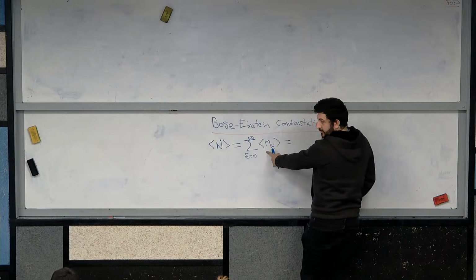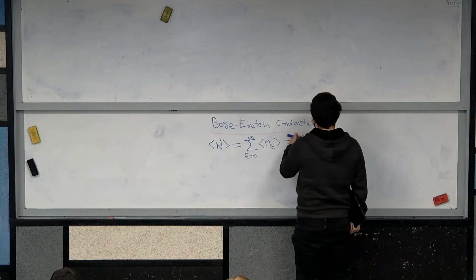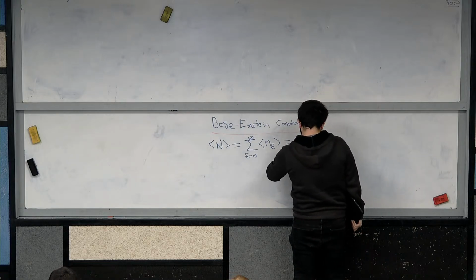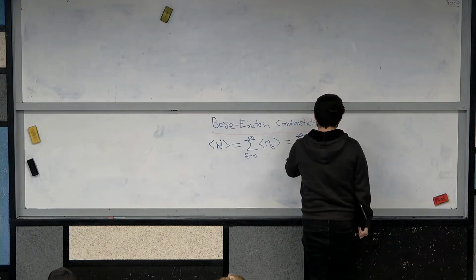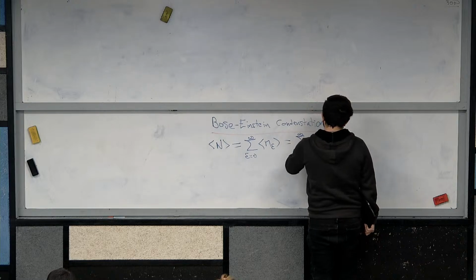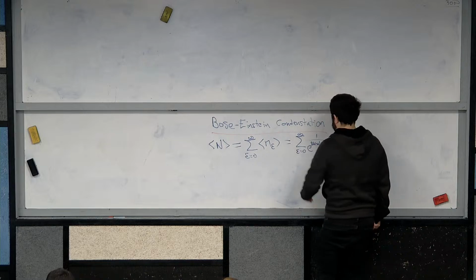Do you remember what's the value of this quantity, the average occupation? So it's just 1 over e to the beta times (epsilon minus mu), minus 1, right?